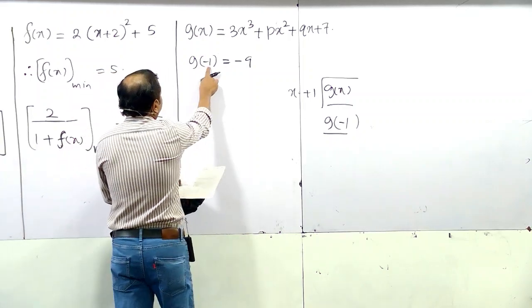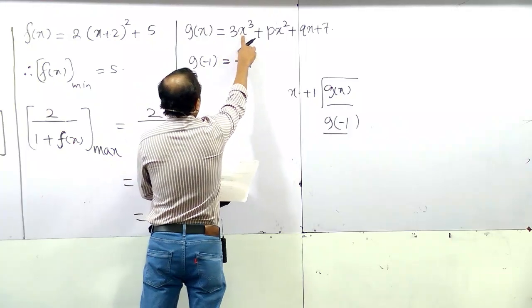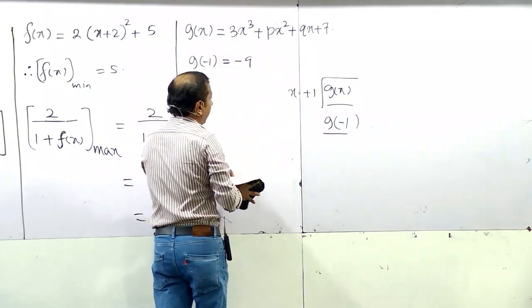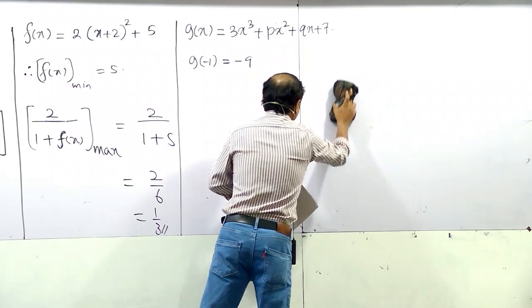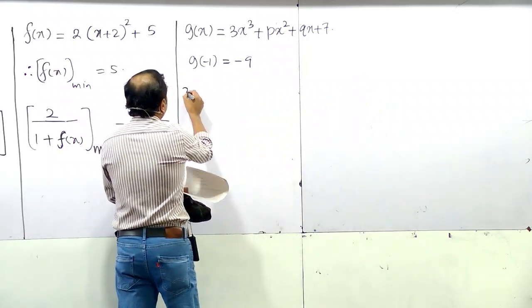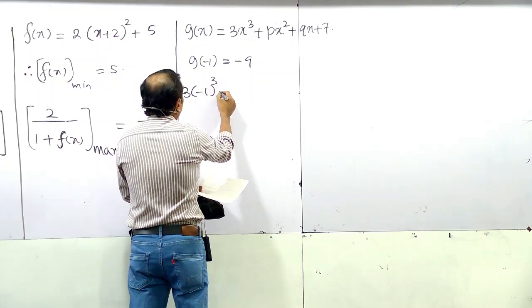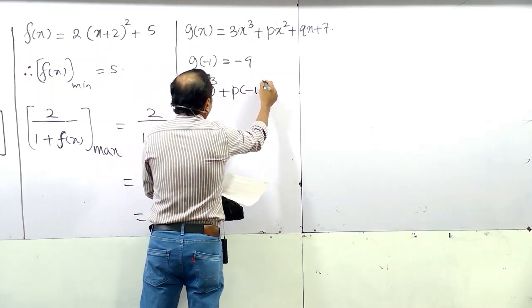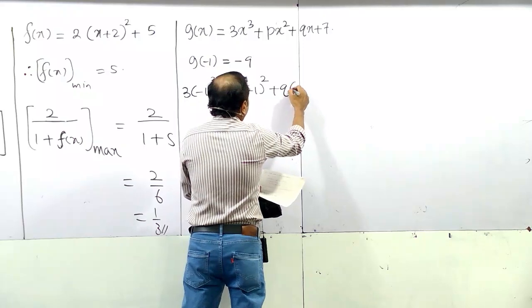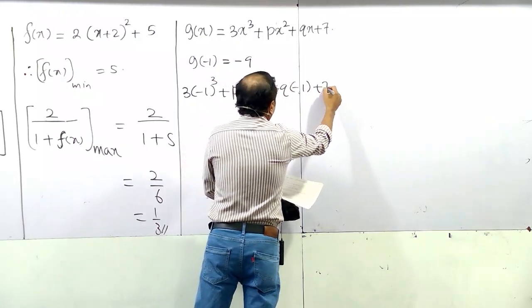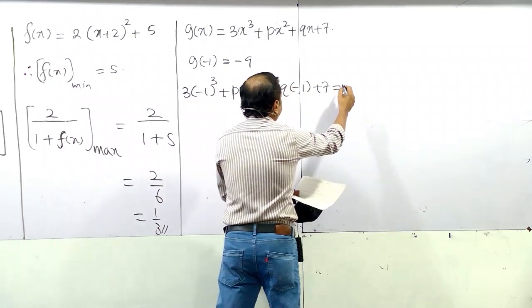Okay, how to find g(minus 1)? Put for every x minus 1 and take one equation. 3 into minus 1 cube, p into minus 1 squared, q into minus 1, plus 7 is equal to minus 9.